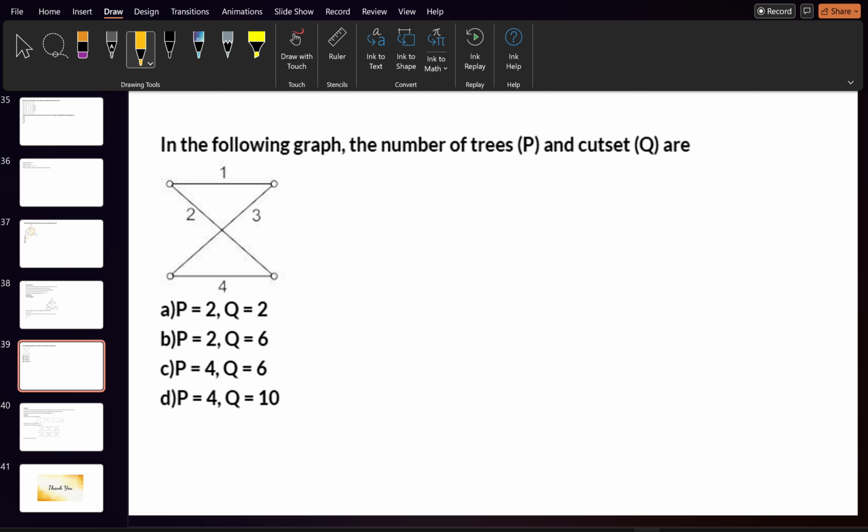Try to solve this. How many trees and how many cut sets are possible in this? This is an important question, and this is the last question of this tutorial session.